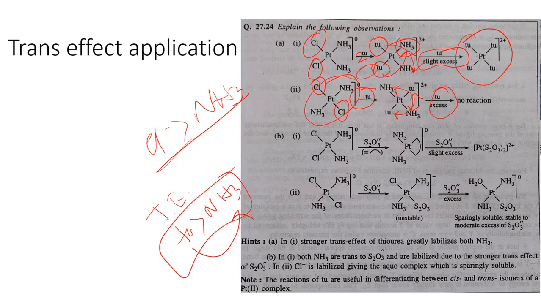So there would not be any kind of trans effect, and not a single molecule of thiourea would react again. The trans isomer would react only with 2 moles of thiourea, whereas the cis isomer reacts with 4 moles of thiourea, right? In other words, after addition of 2 moles of thiourea to each, the cis isomer is still reacting with excess thiourea, whereas the trans isomer would not react afterwards.